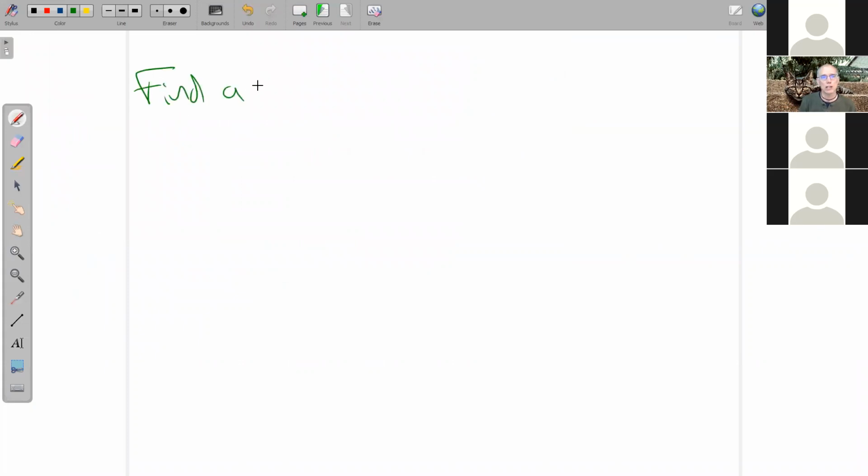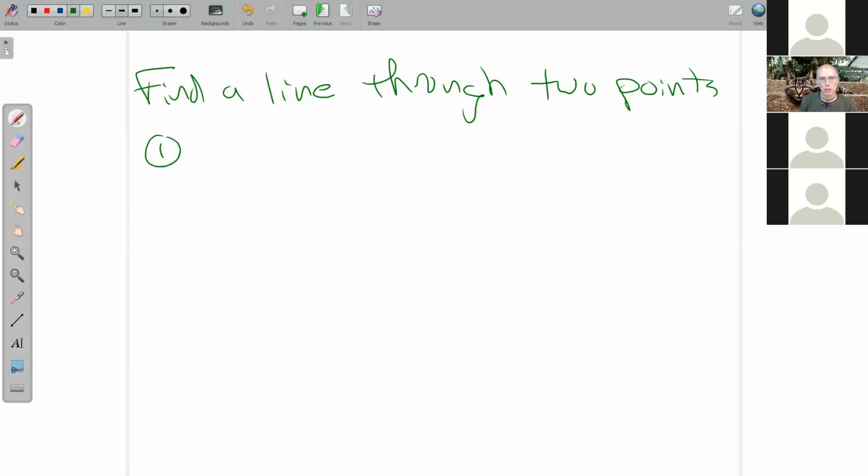So to find a line through 2 points, the first step is to find the slope.